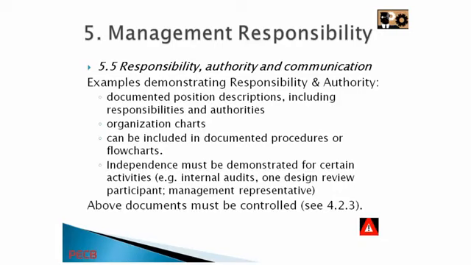Independence must be demonstrated for certain activities like internal audit, design review, and the management representative. The above documents must be controlled. So the organization has to set the responsibilities and authorities, and these should be communicated and must be documented, because it is the requirement of 4.2.3 that every document should be controlled.